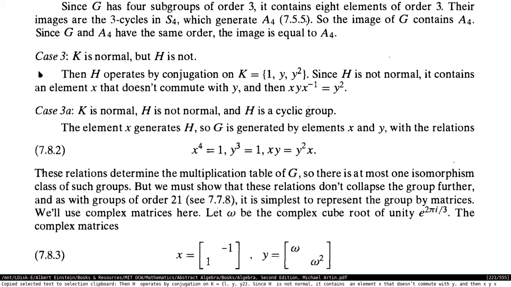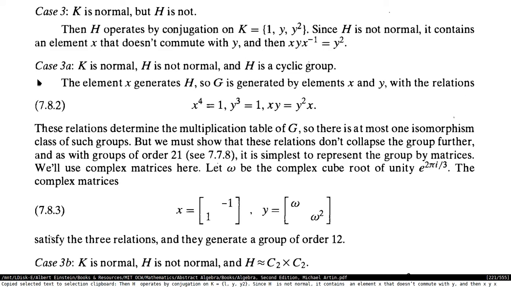We've got a couple of options for what H is. H is either going to be cyclic or it's going to be Z2 cross Z2. So for him, case 3A is when H is Z4, and case 3B is when H is Z2 cross Z2.